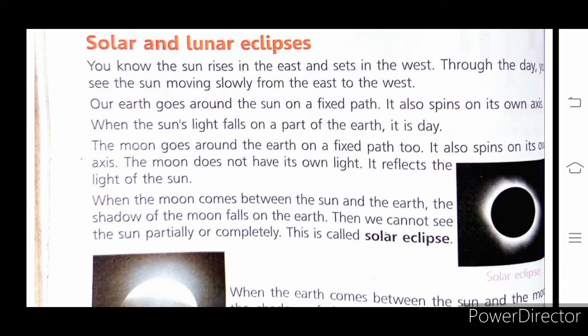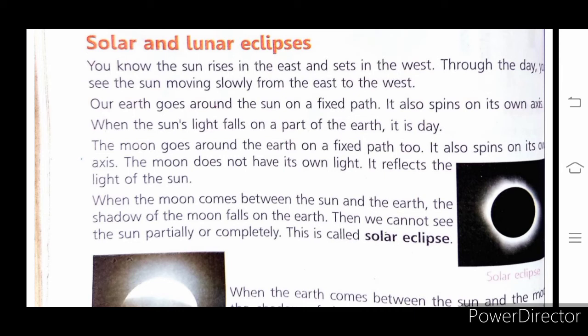Now you see what has happened. Our earth goes around the sun on a fixed path. It also spins on its own axis. Children, the sun is not moving.